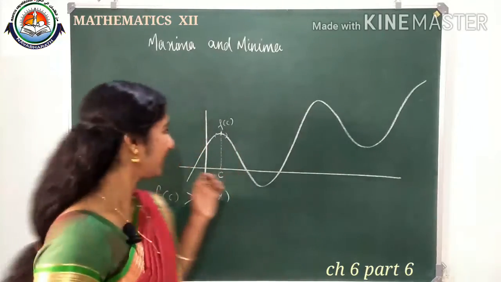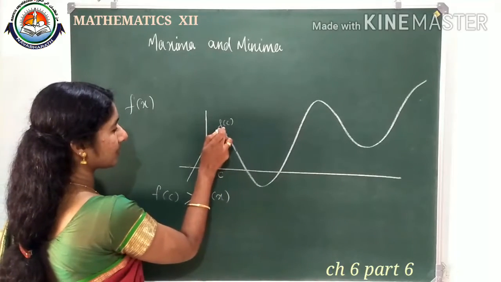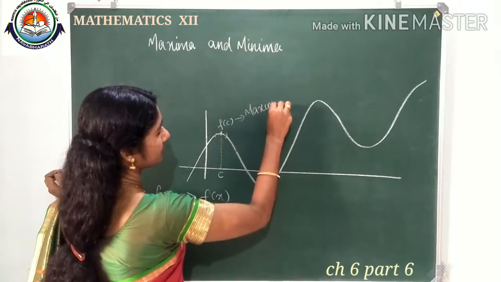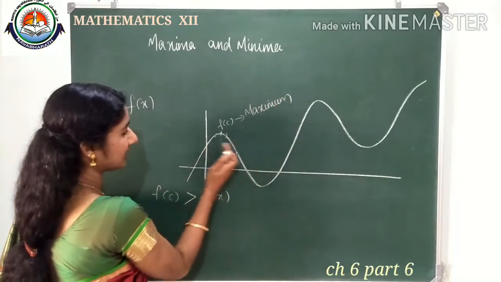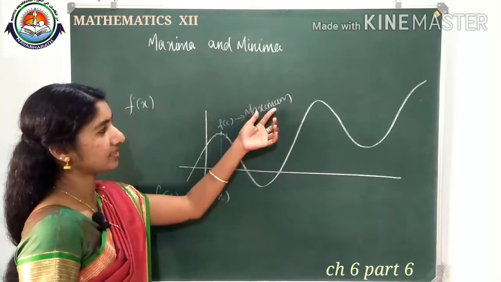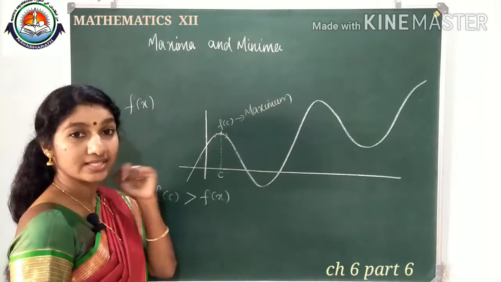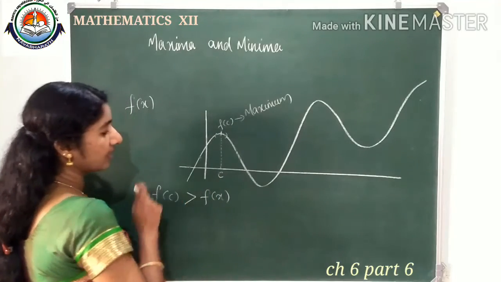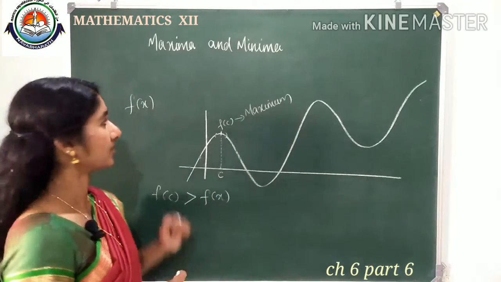Then we can say f of C is a maximum value of this function in this small interval, not throughout its domain, in this small interval. We can say f of C is a maximum value, or we say C is a maxima of this function.